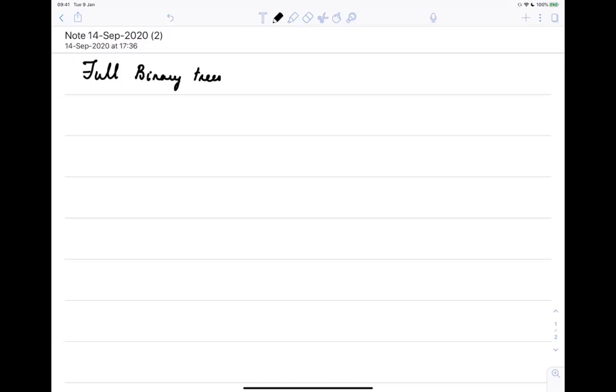And from this property, we can say n is equal to 2L minus 1.